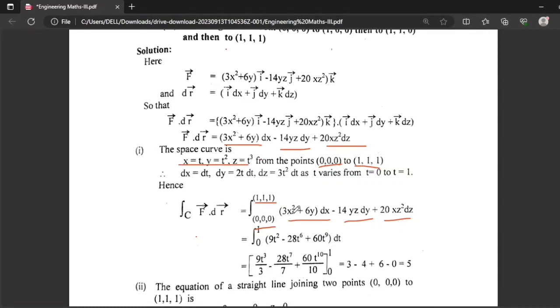For x is t, so t² into 3 is 3t² plus, y is t², 3t² plus 6t², that is 9t², and 14 into yz. Y is t² and z is t³.